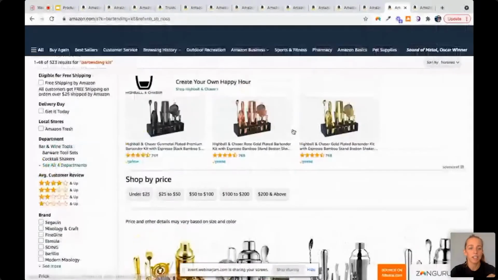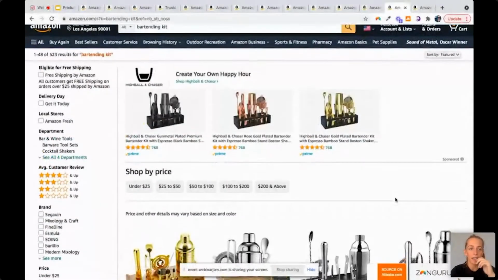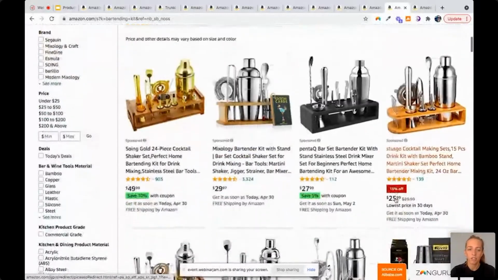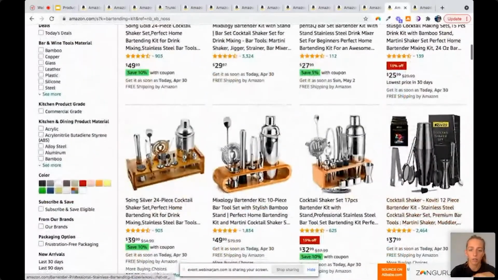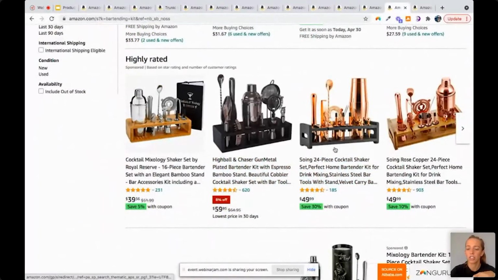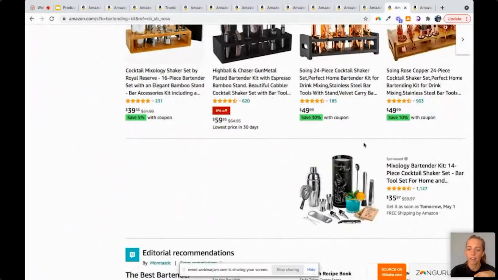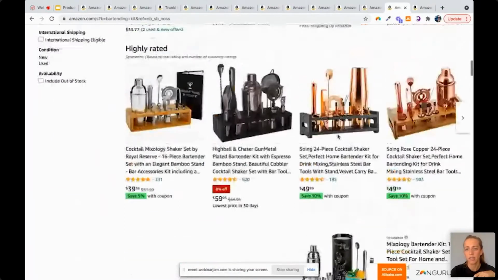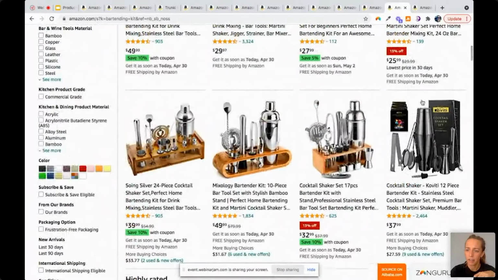So in such a niche as this, a bartending kit, there are a lot. And when you're looking at it, they all basically look the same. Some of them are changing colors, but now there are a few that have added their packaging. So there's the box here. There was one higher up here as well.